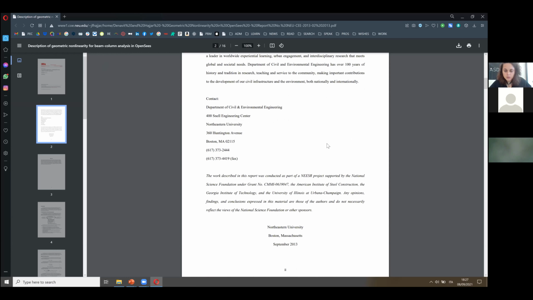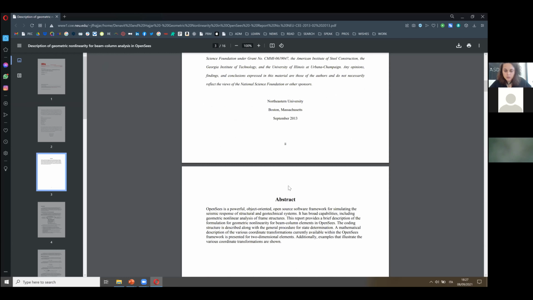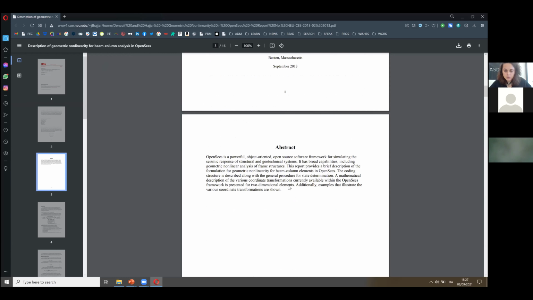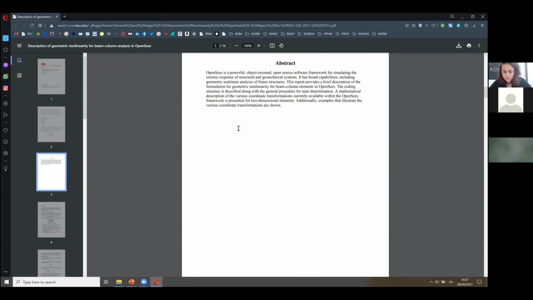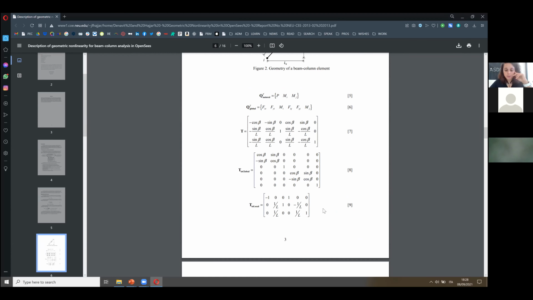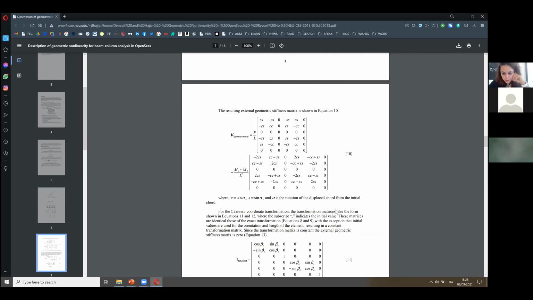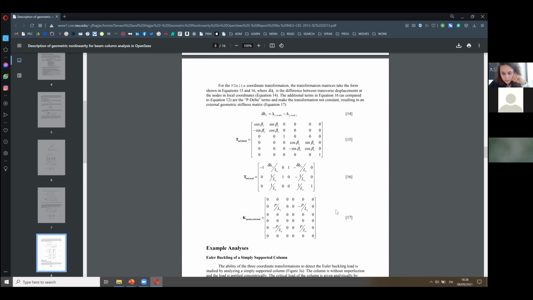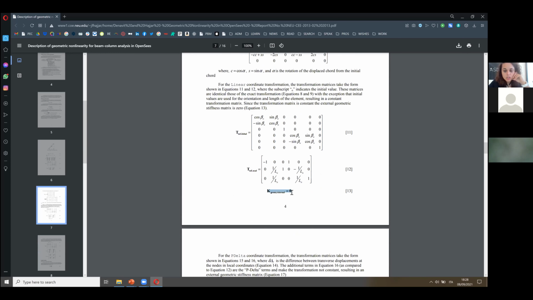This is the type of transformation matrix that we're using. If we have a linear geometric transformation, the external geometric transformation matrix is 0 because we don't have additional components in the transformation.